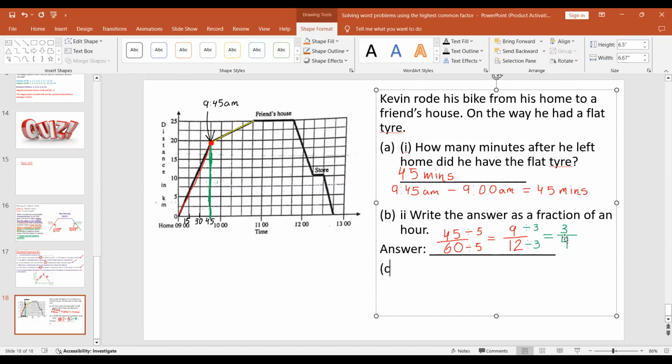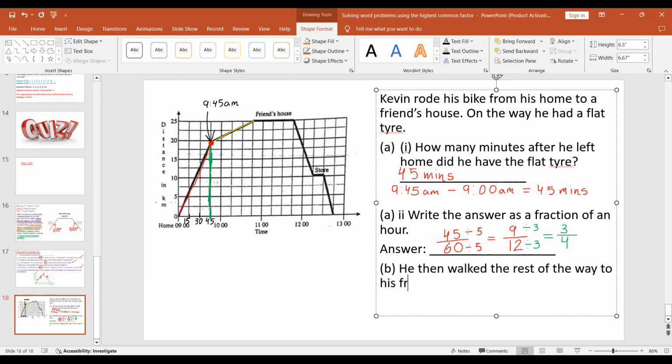This is A and this is B. So next part says he then walked the rest of the way to his friend's house. Calculate how far did he walk to get to his friend's house.